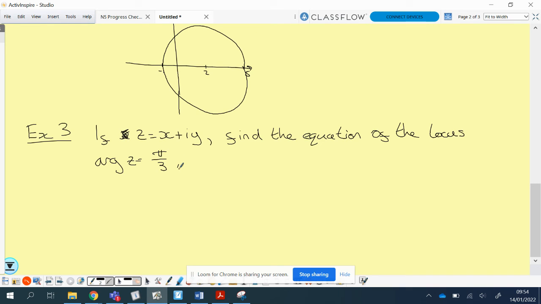So you want to find the equation such that the argument of the complex number would be pi over 3. So that's what we're saying there. Let's start us off with the solution here.